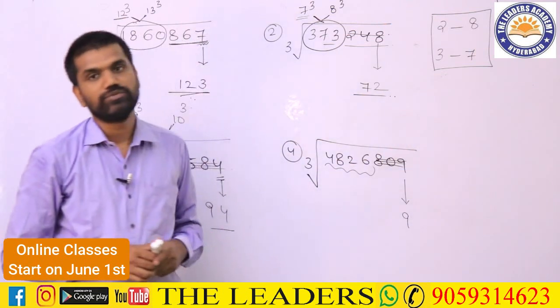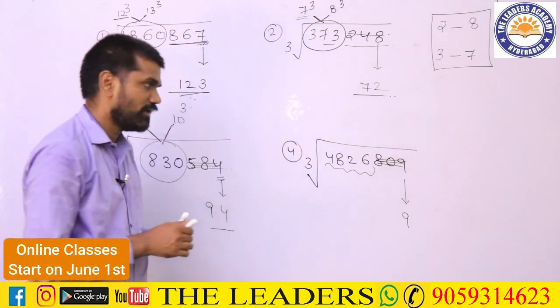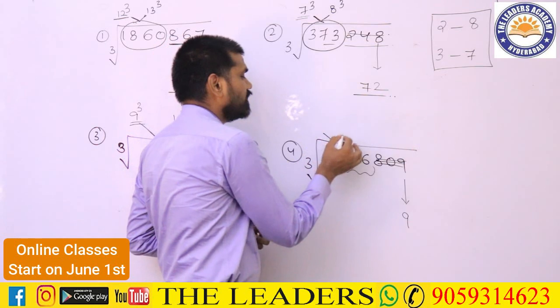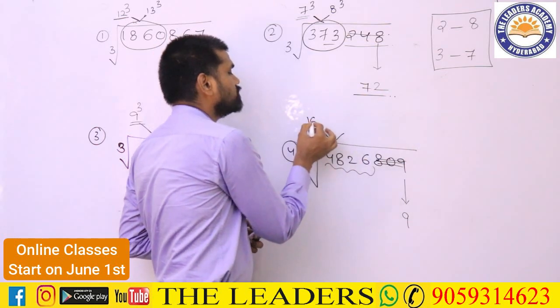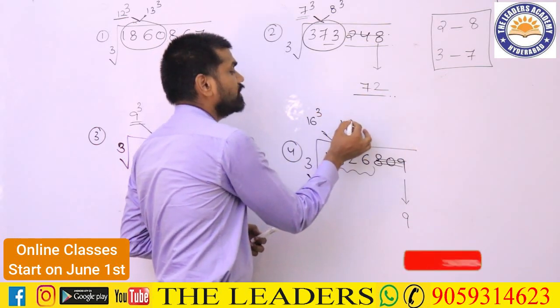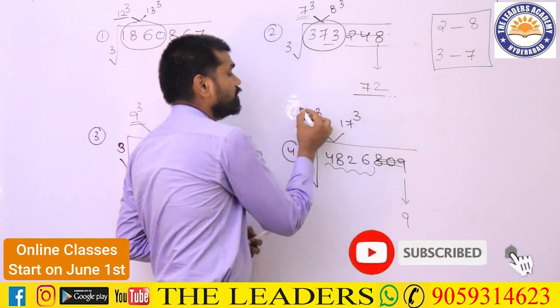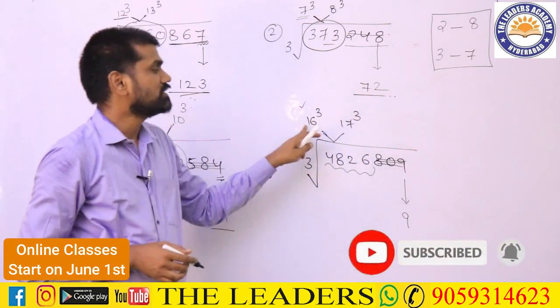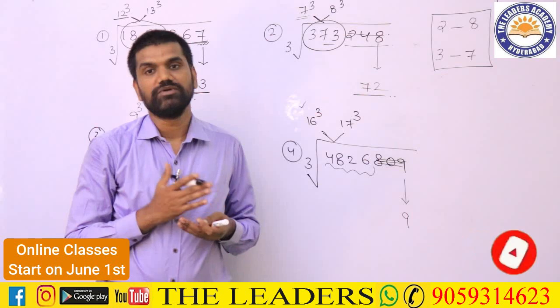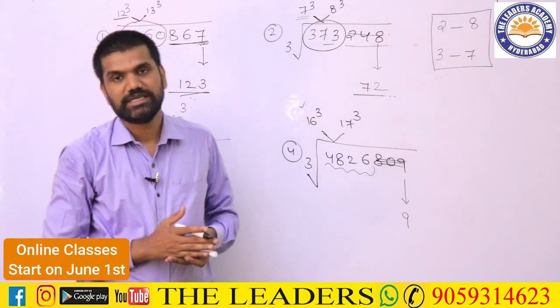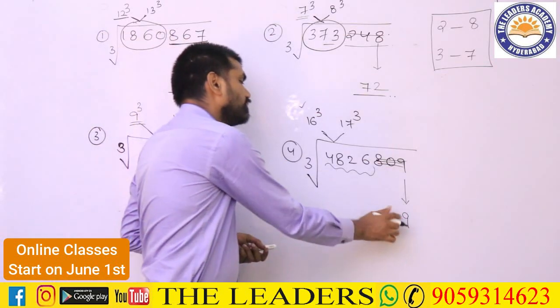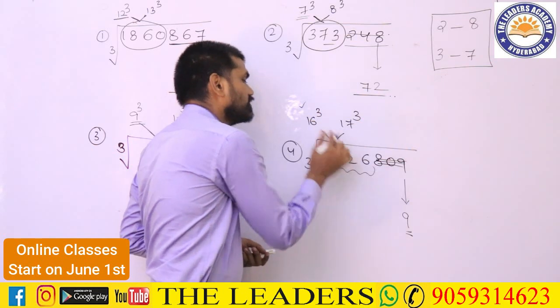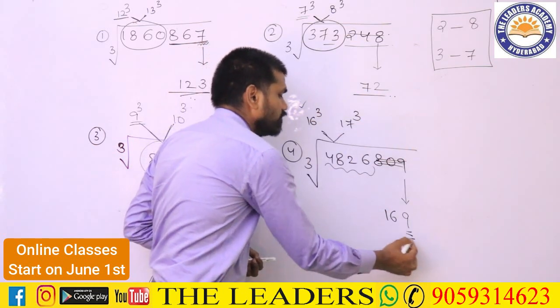As we have already learned, this is lying between 16 cube and 17 cube. 16 cube is 4096, 17 cube is 4913. Hence the remaining part will be 16, which I will be placing over here.